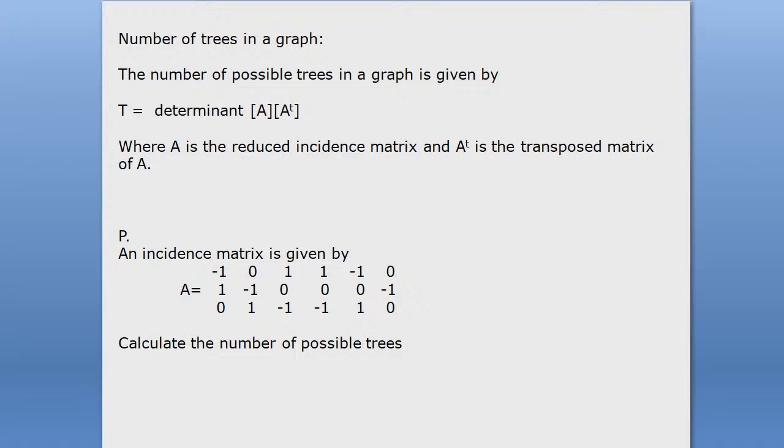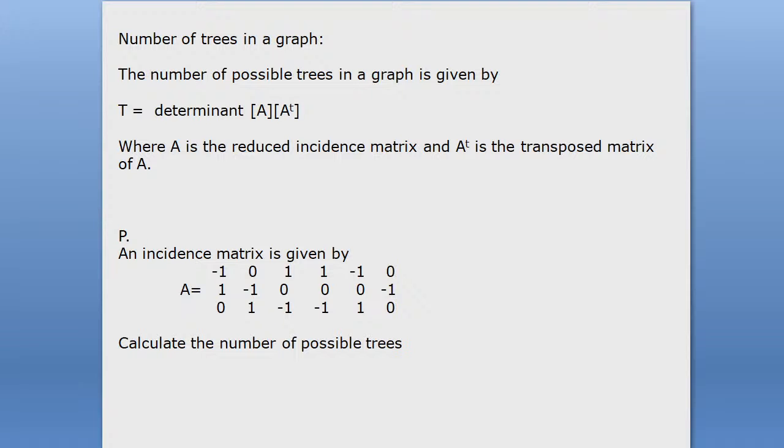Now I am asking you to calculate the number of possible trees for this incident matrix. Before that, I told you that the formula is number of trees equal to the determinant of the product of the incident matrix and its transpose. So for this case, the incident matrix is provided.